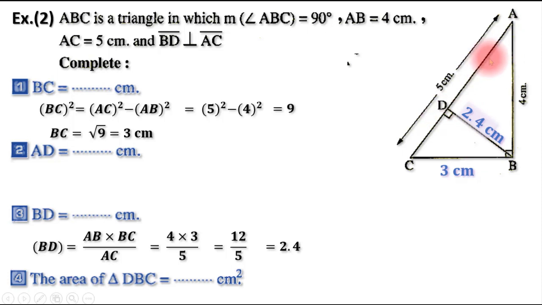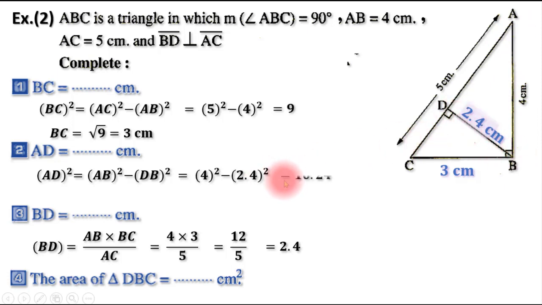Then we can find the length of AD from the triangle ABD. AD power 2 will equal the hypotenuse power 2, 4 power 2, minus BD power 2, 2.4 power 2, which equals 10.24. Then the length of AD will equal the square root of 10.24, which equals 3.2 centimeters.